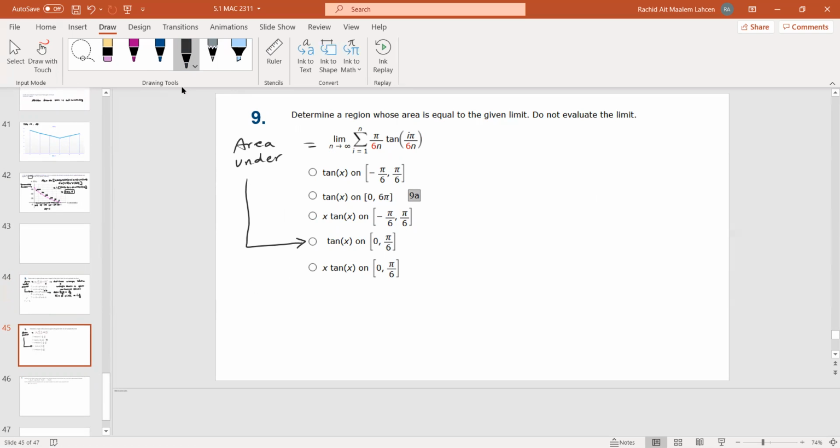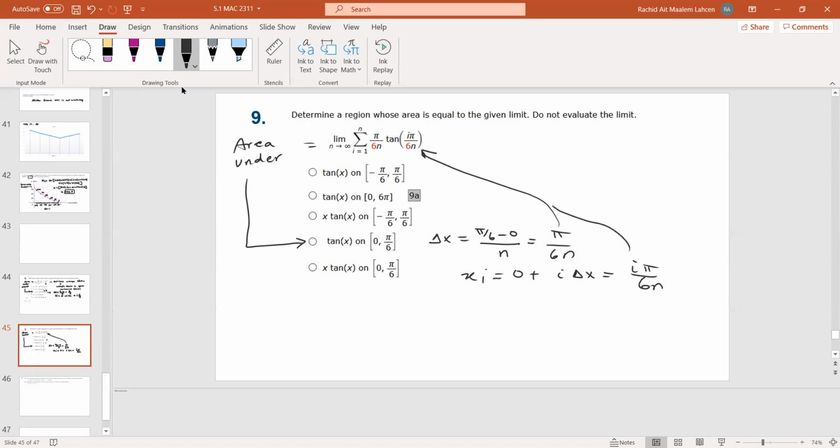Because similar thing, you're going to do delta x is pi over 6 minus 0 over n, which is pi over 6n. And you know the i is going to come from x_i equals 0, which is the first one, plus i delta x, and that's i pi over 6n, right?